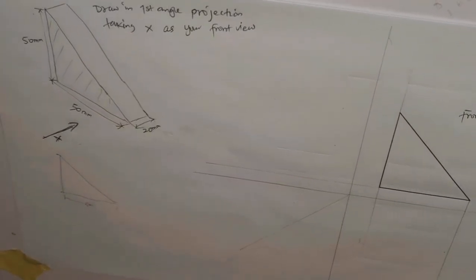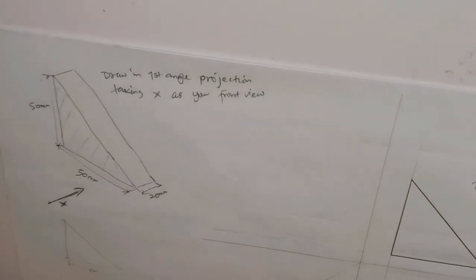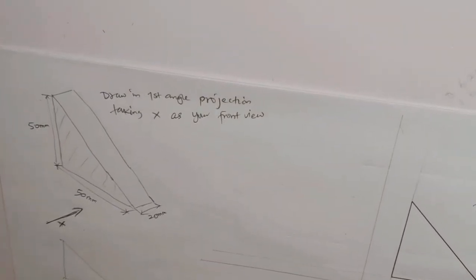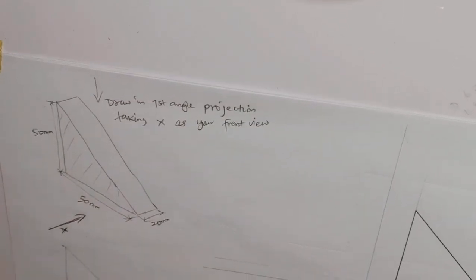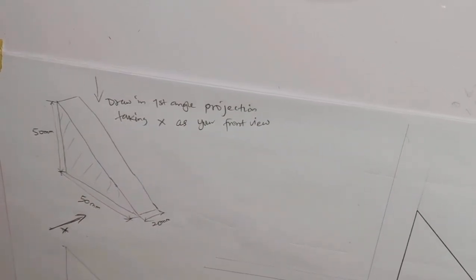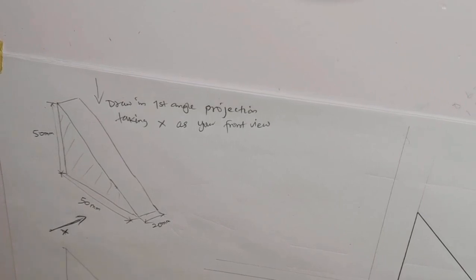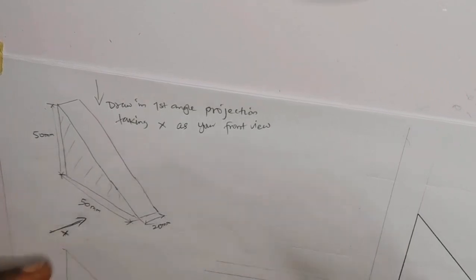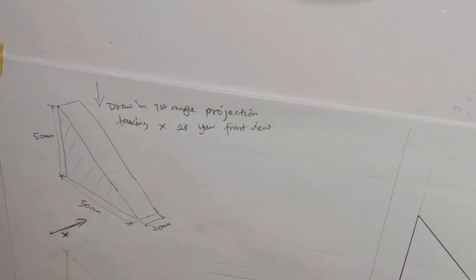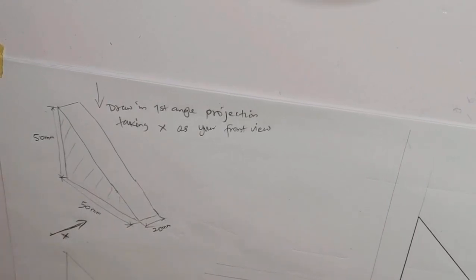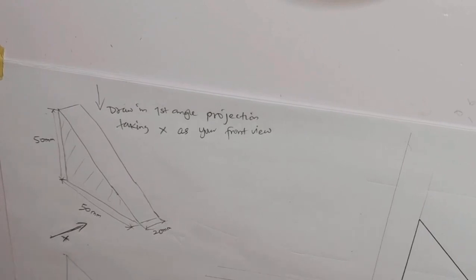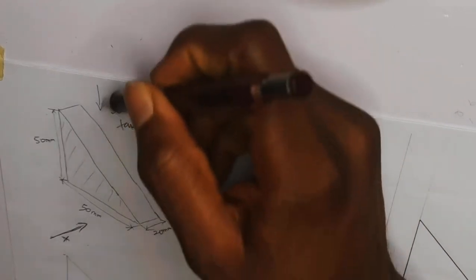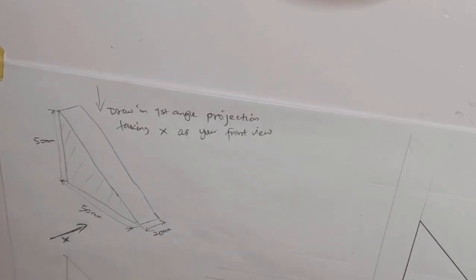Now, coming to the plan view. The plan view, I said, is looking directly on top of the object, and the object must be opposite your direction, or opposite the direction of the arrow. So if I keep this object in the direction of this arrow, facing me, and I look directly on top of the object, what am I going to see?